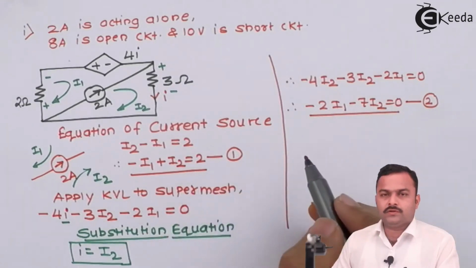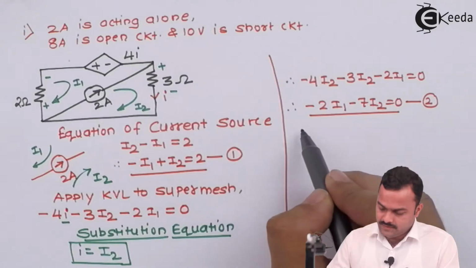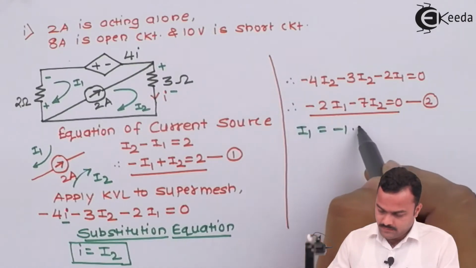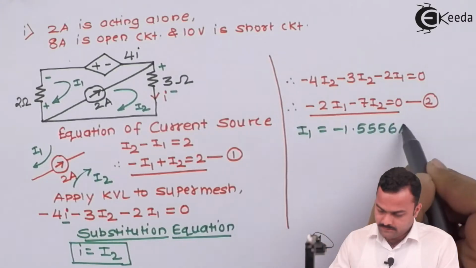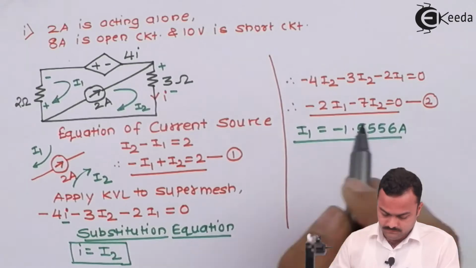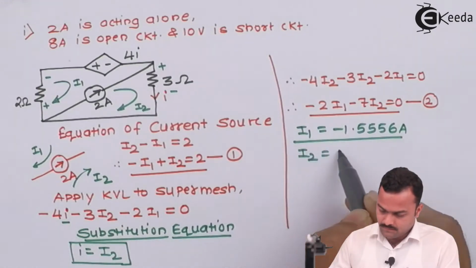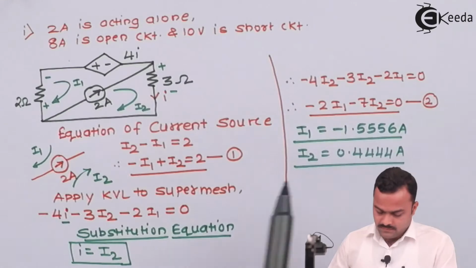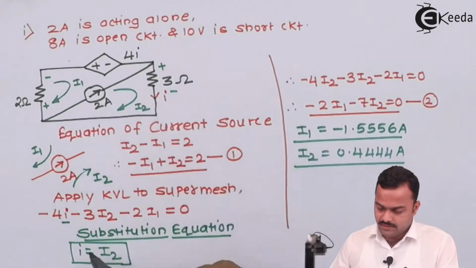Upon solving these two equations, we'll get the values of I1 as minus 1.5556 ampere and I2 as 0.4444 ampere. We are interested in knowing the current small i, which is nothing but I2.